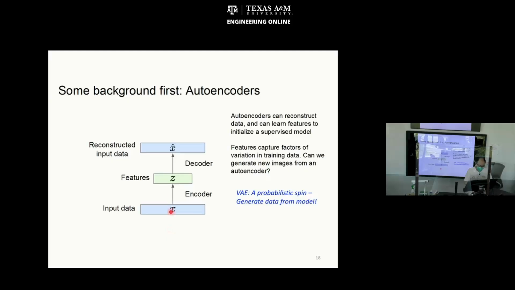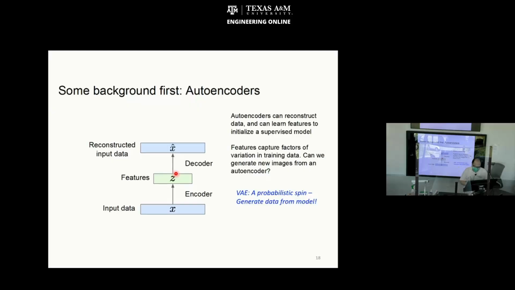But I don't know exactly how to do that. I don't know how to perturb Z and get a new image. So you have to somehow get a probability distribution of the Z. You see what I mean? Don't treat it as a variable. Treat it as a random variable, okay?